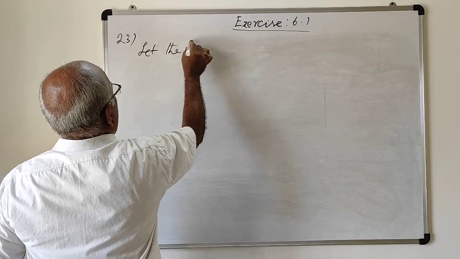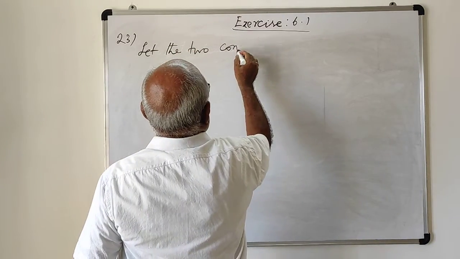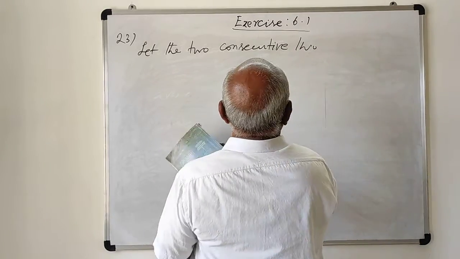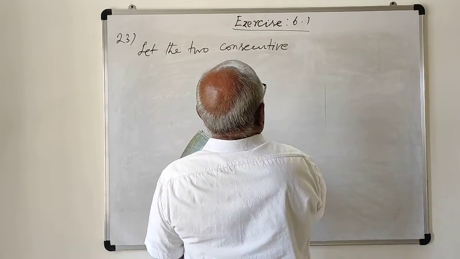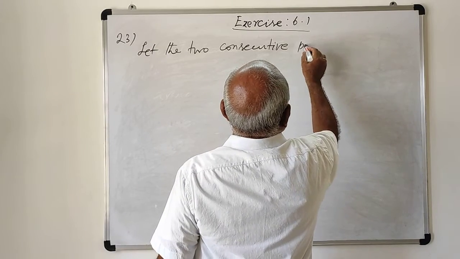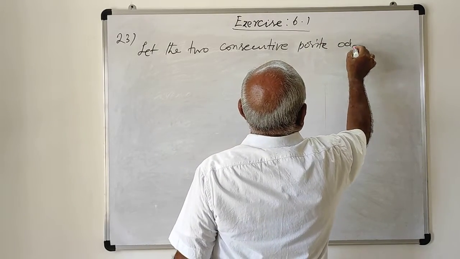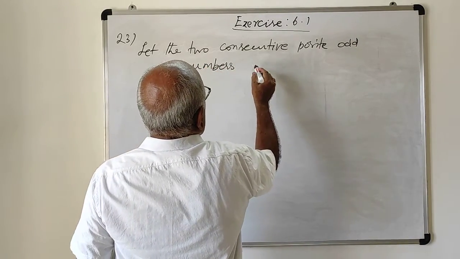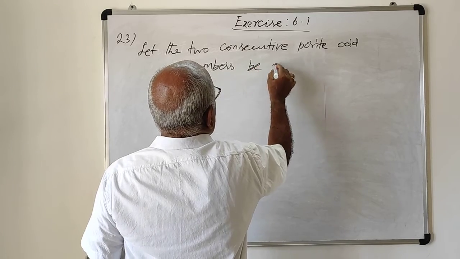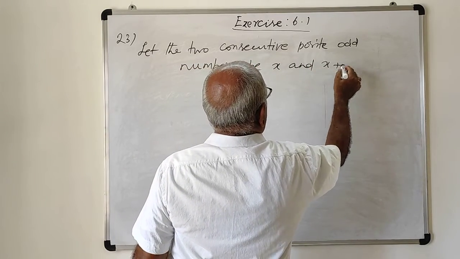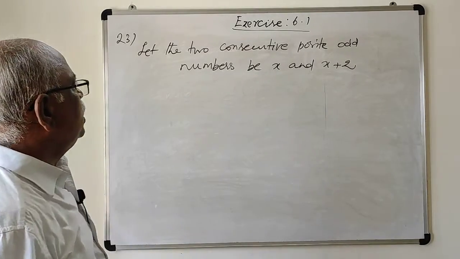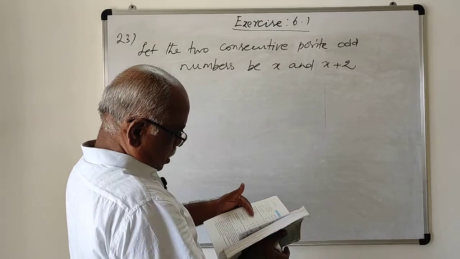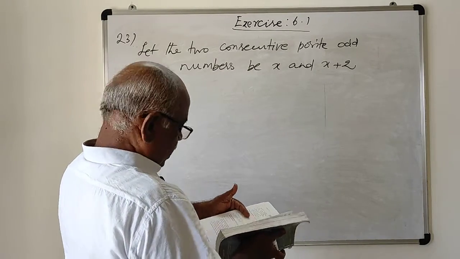Let the two consecutive positive odd numbers be x and x plus 2. Each number should be smaller than 10.